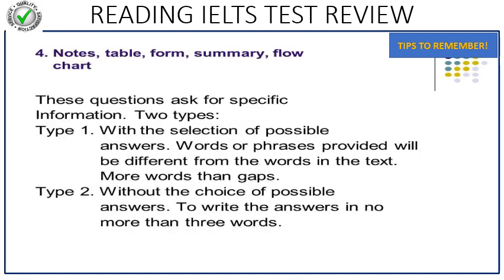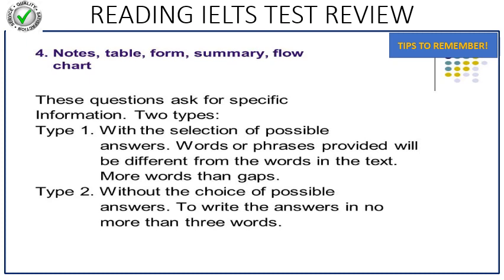15. 4. Notes, table, form, summary, flowchart. These questions ask for specific information. 2 types. Type 1, with a selection of possible answers: the words or phrases provided will be different from the words in the text, with more words than gaps.